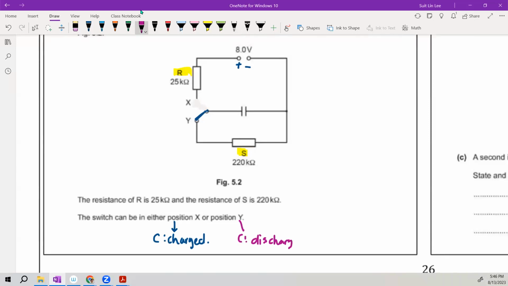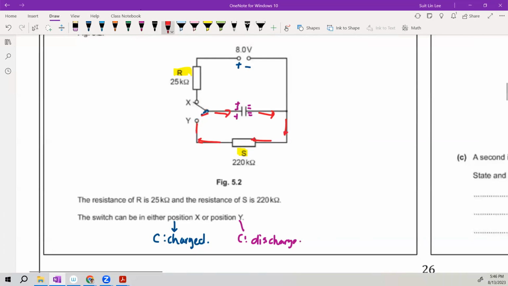How do I know? Well, there's no power supply. And then basically the capacitor can home run back. If this is positive, this is negative, this plate will be negatively charged. The negative charge has a direct way to go home. Negative charge is like, yay, let's go home to meet our positive charge. Okay, so at Y, it will discharge.